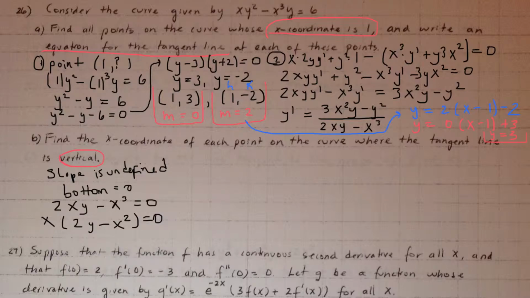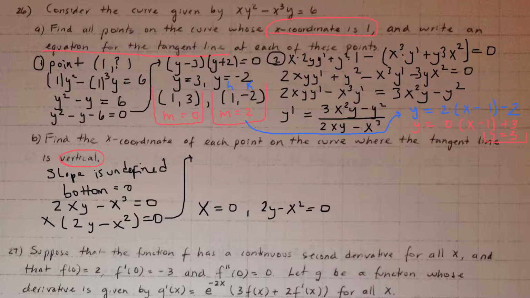Okay, and then I'm going to take that and work with it some more. So by the zero factor property, either x is equal to 0 or 2y minus x squared is equal to 0.